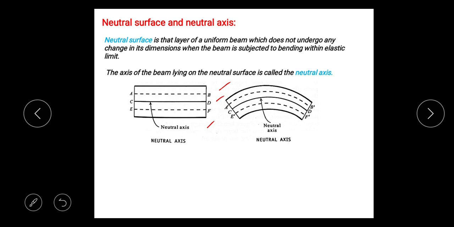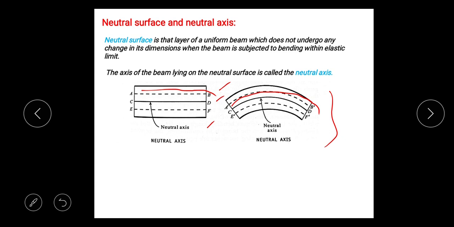If a load is attached to the free end of the beam, consider this is that free end of the beam, the successive layers along with the constituent filaments are strained. A filament like AB, consider one filament AB here of an upper layer, will be elongated to A'B'. So A'B' is shown here. This is the elongated filament.